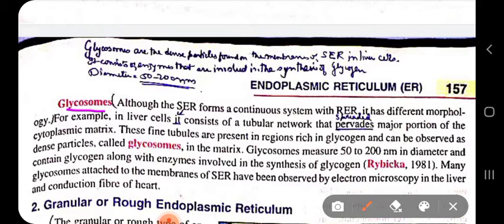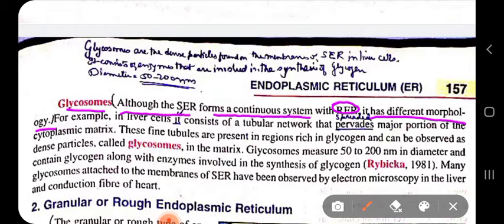Now, although this smooth endoplasmic reticulum forms a continuous system with the rough endoplasmic reticulum, it has different morphology. When we see the smooth endoplasmic reticulum and rough endoplasmic reticulum, they form a continuous network, but the morphology is fully different.